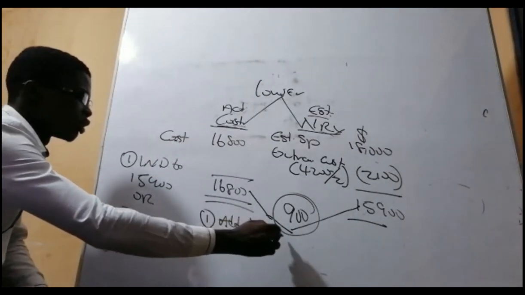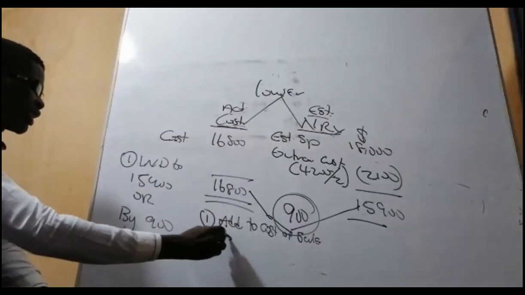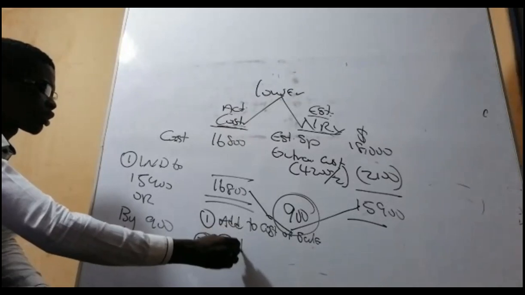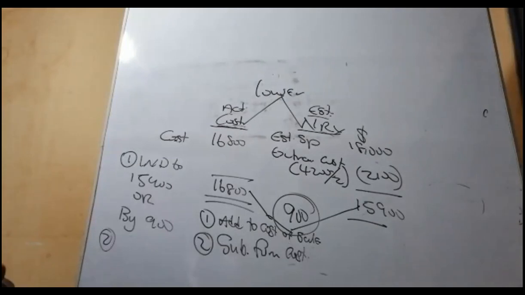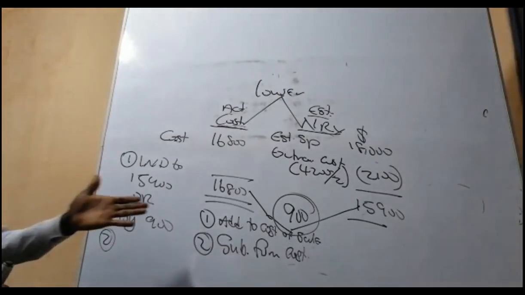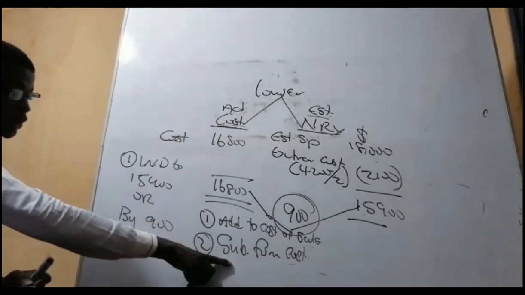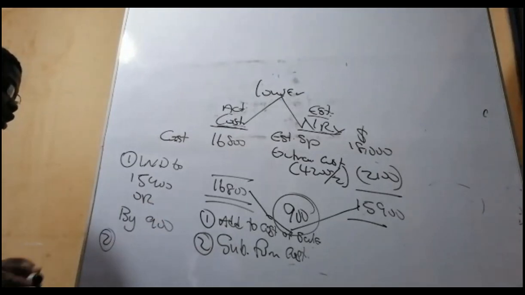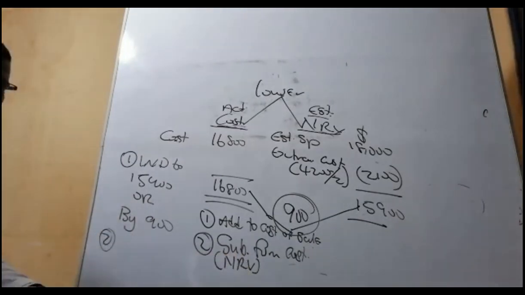That's the write-off. Second, subtract it from the cost of the inventory, and then show it in the financial position. When you subtract it, it will give you the NRV. Now, the cost is 16,800.